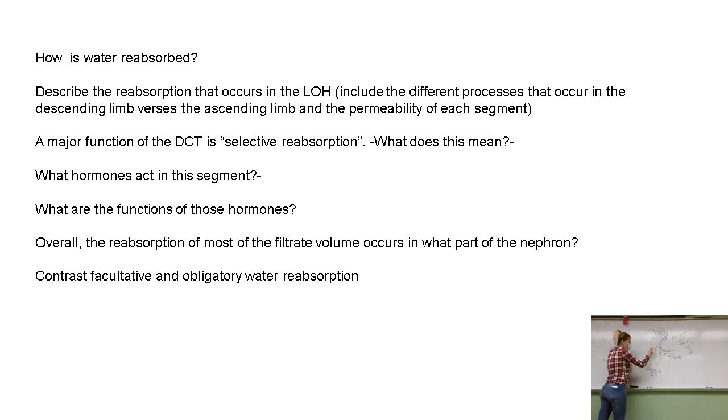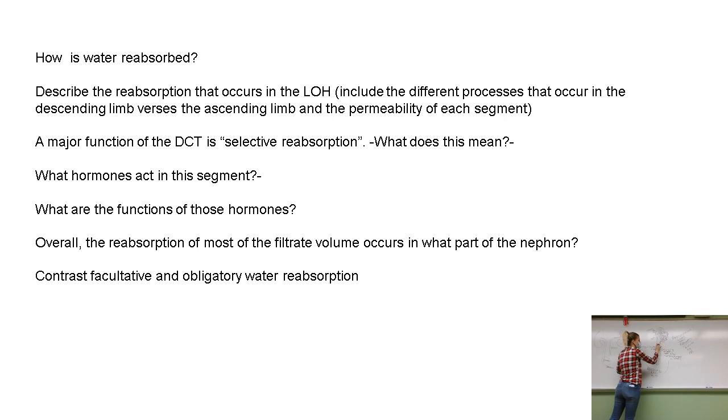When we get to the ascending limb, is the ascending limb permeable to water? No. What are we reabsorbing there? Sodium chloride, right? We have pumps that allow us to reabsorb sodium, and sodium is a really important thing there.